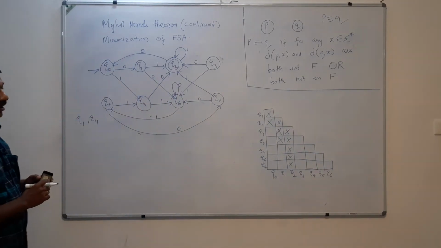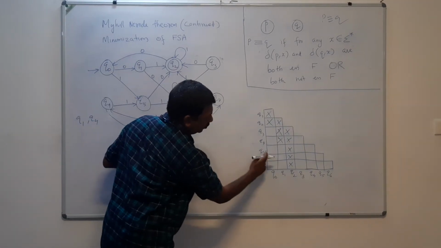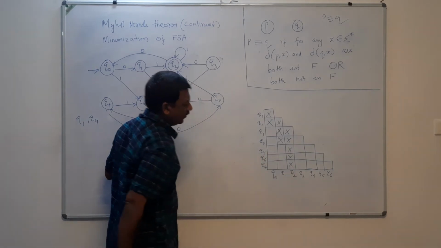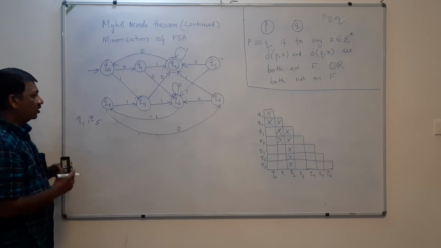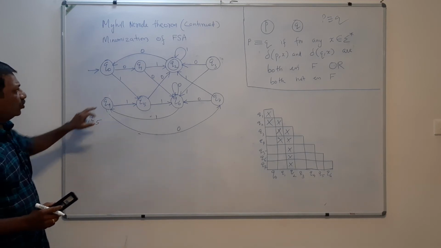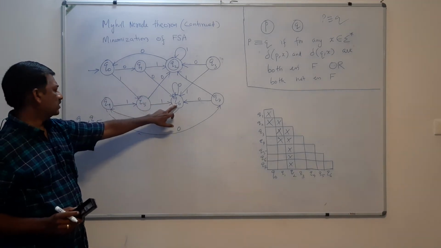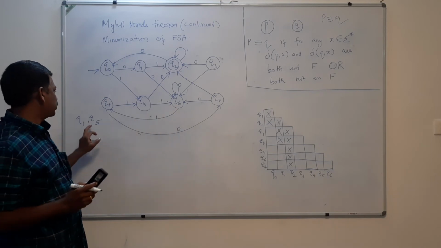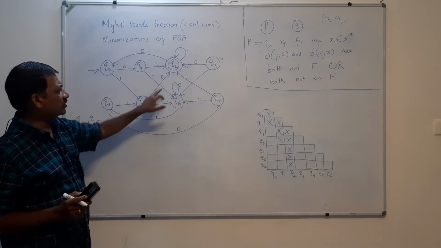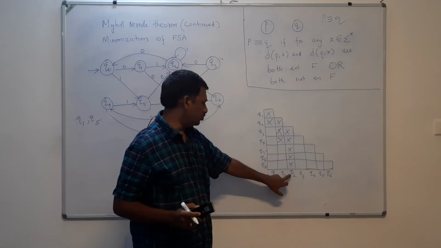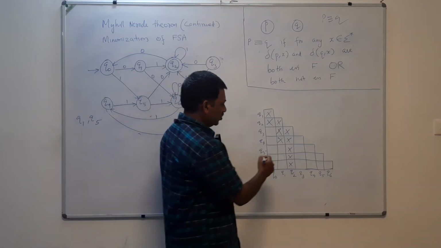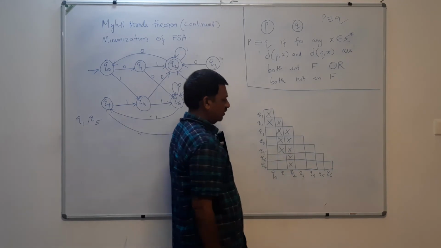Now you have to check Q1, Q5. Applying 0, what will happen? Q1 on 0 is Q6, and Q5 on 0 is Q2. That means Q2 and Q6. The entry Q2, Q6 is distinguishable, so this also is distinguishable.